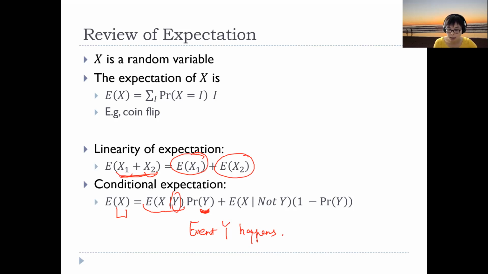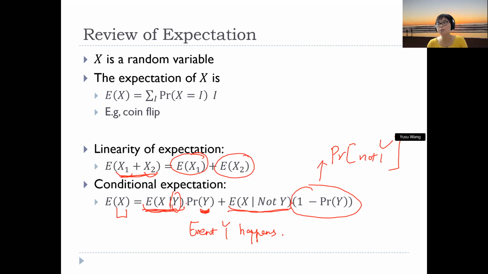If we also know the expectation of X when Y didn't happen, then the total expectation is simply the expectation of X when Y happens, multiplied by the probability that Y happens, plus the expectation of X when Y does not happen, multiplied by the probability of not Y.